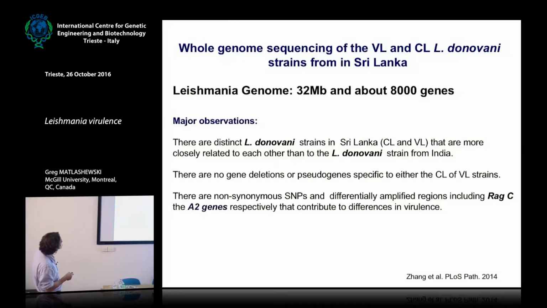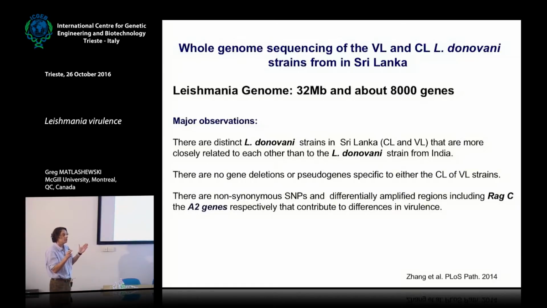You're aware of the size of the genome and the different strains of the genome. The thing that was most interesting to me is that we did not see major changes in the genome. I thought we would see a lot of genes either amplified or deleted and rearranged. I thought we would see big differences, but there are very subtle differences.